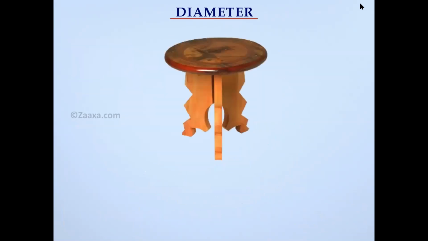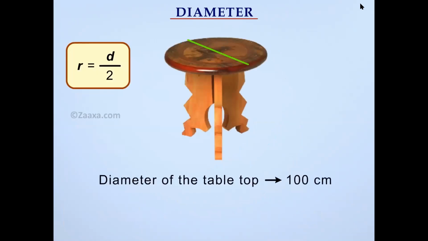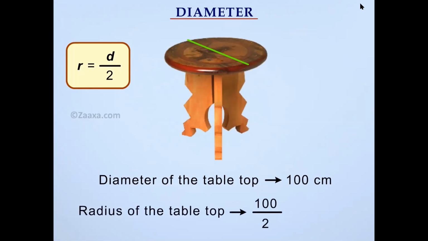Similarly, if the diameter of a round table is 100 centimeters, we can easily find its radius by dividing the diameter by 2. Radius is equal to half the diameter. Therefore, the radius of the tabletop is 50 centimeters.